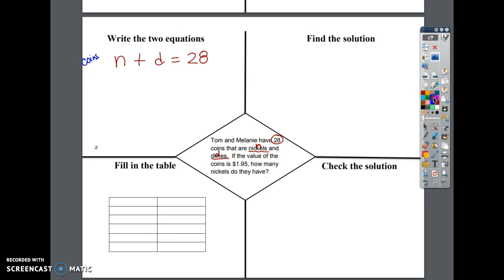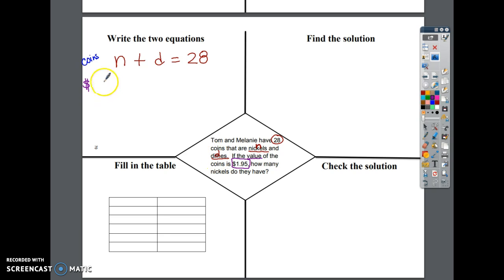Then it says that the value, so dollar amount, of the coins is $1.95. Okay, so the next one should be a money equation. And you're probably thinking, well, I only have one money symbol here. Well, no, because you know how much nickels are and you know how much dimes are.